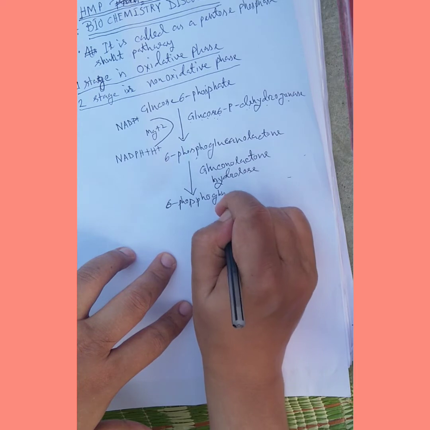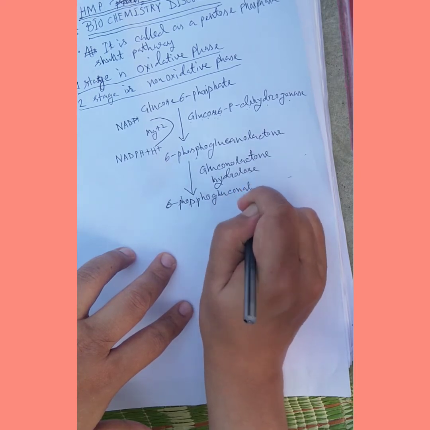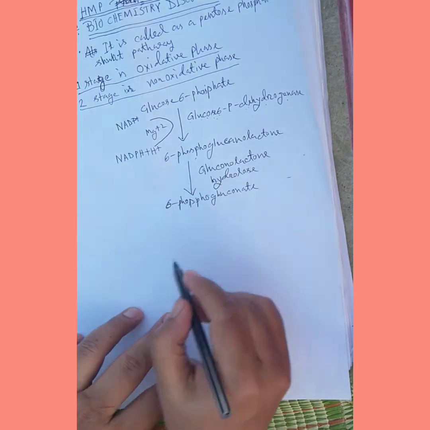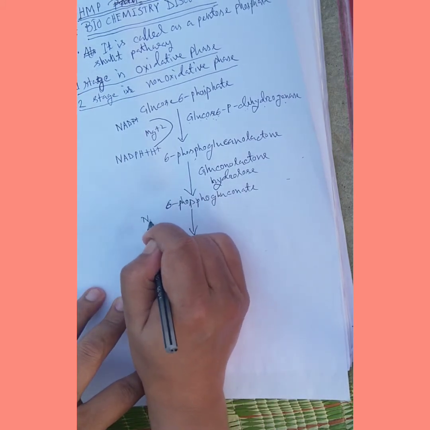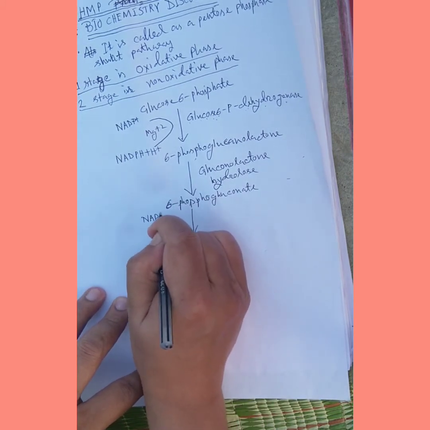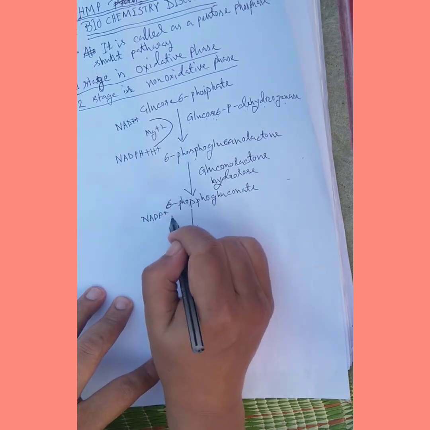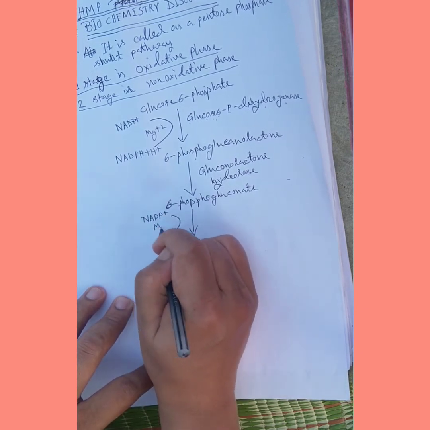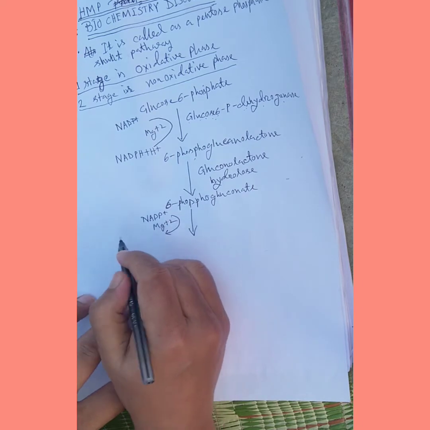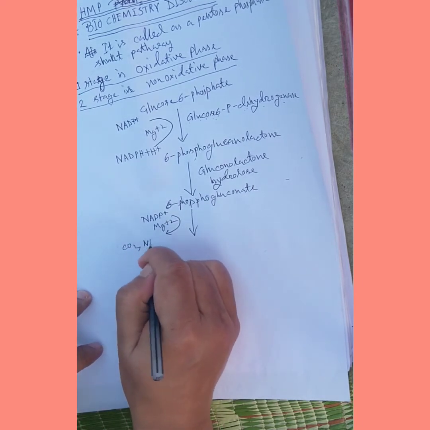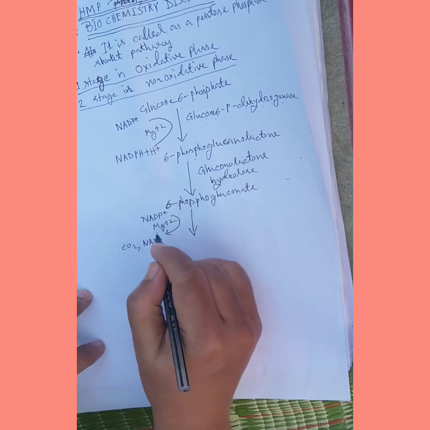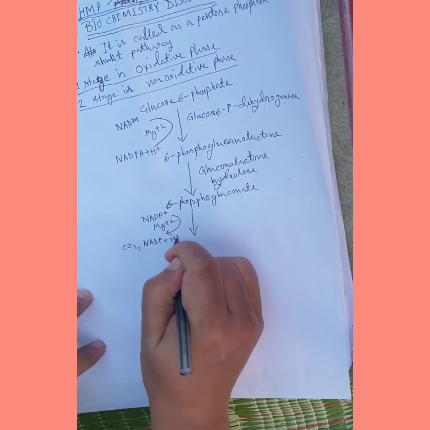Then 6-phosphogluconate with NADP plus and Mg2+ gives CO2 and NADPH plus H plus.